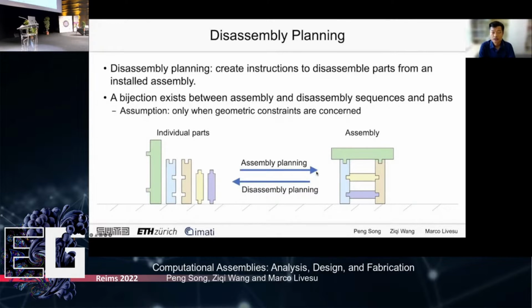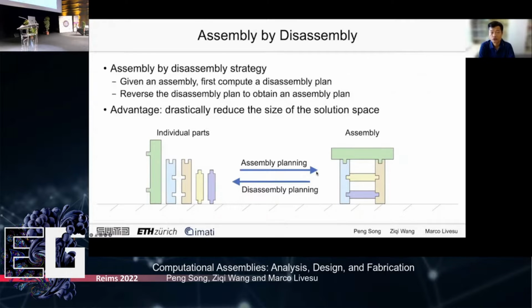Disassembly planning is a reverse process of assembly planning. A bijection exists between assembly and disassembly sequences and paths if we consider only geometric constraints. This enables an important strategy for assembly planning called assembly by disassembly.